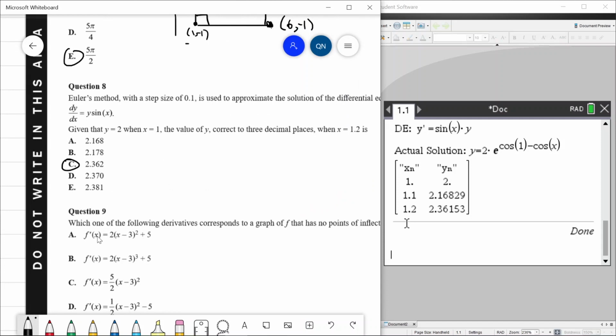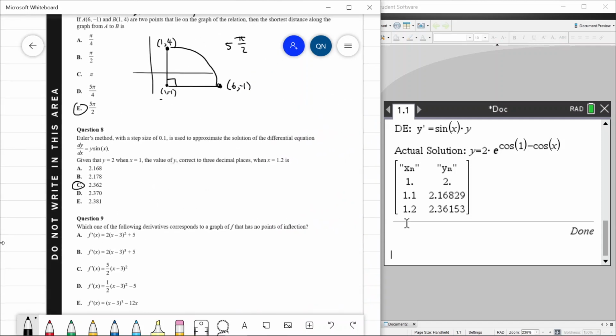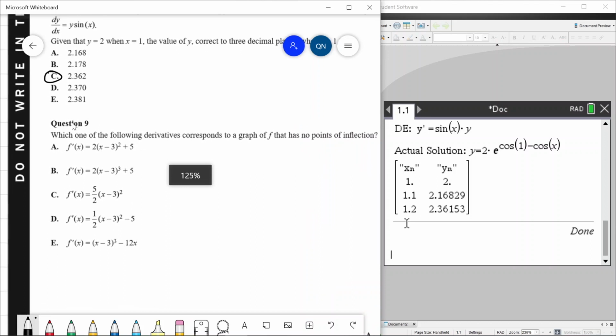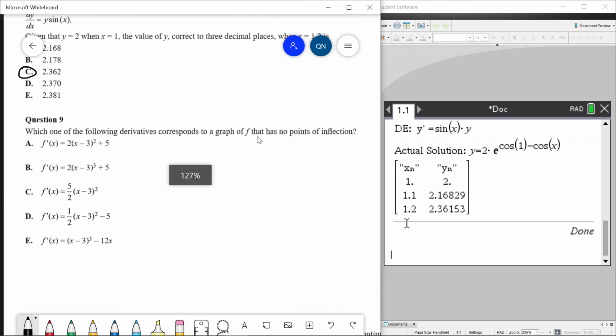Question 9. Which one of the following derivatives corresponds to a graph of f that has no points of inflection? Okay, if I can remember how to do this. So notice we have some quadratics and some cubics. Now, we'll use a fact that all cubics have points of inflection.